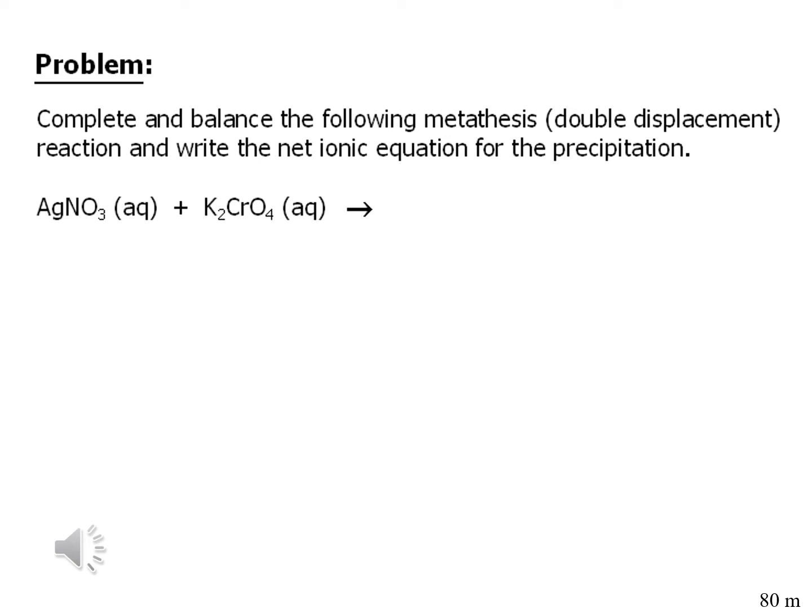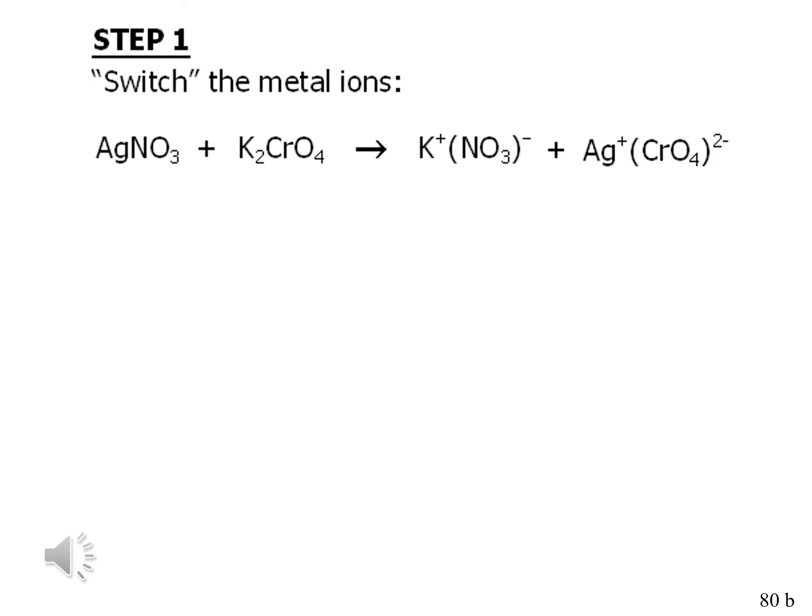So how would you do that by steps? The first thing is that when you dissolve those 2 compounds in water, you're going to get ions. So what you're going to do is switch the 2 metals. You put the K with the NO3 and the silver with the chromate, but you do not carry over the subscript. So in other words, you're not going to put a 2 for the potassium, because that's not the way the compounds are going to reform.